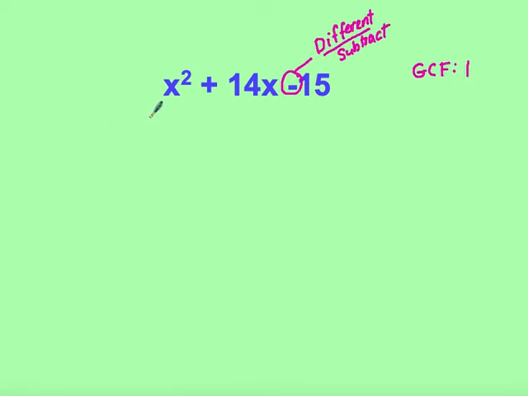All right, so I'm going to break this down. Again, I know that I have to have one of each because of that negative sign. I'm going to do the easy one first. Let's do that x. We know that's going to break down to be x and x.